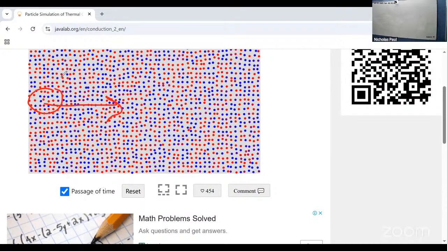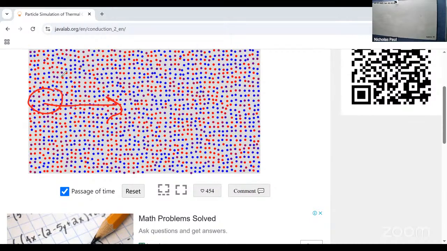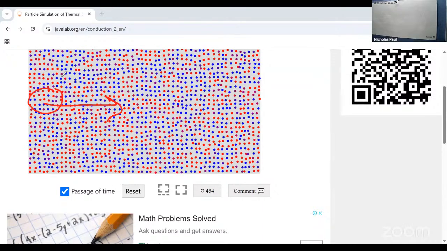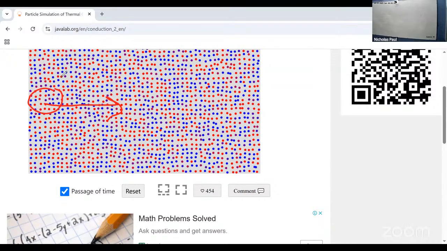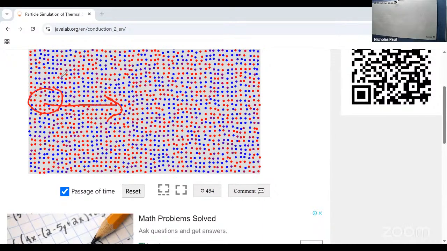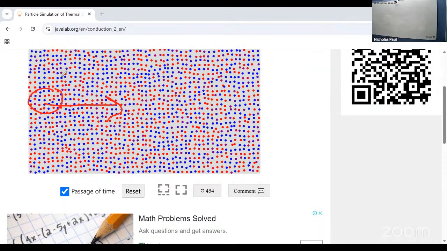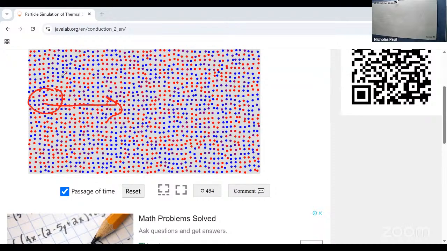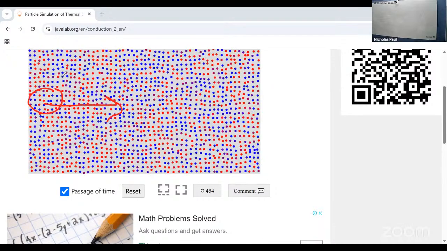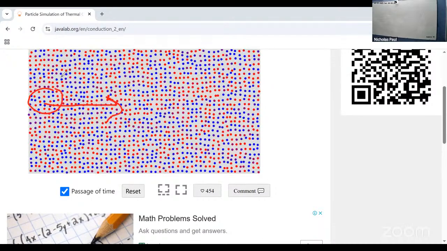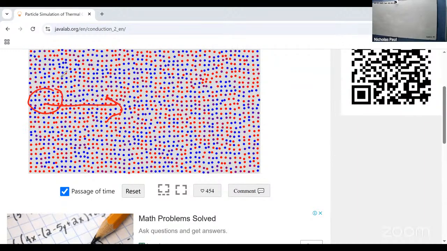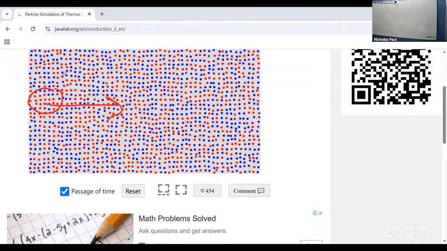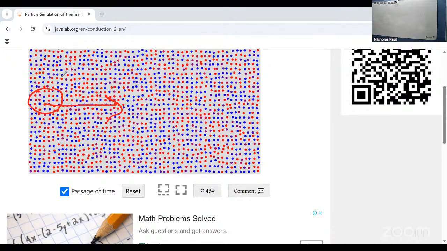So based on what I just said, what are the best types of conductors we know? Why would a metal be a better conductor than a non-metal? Because of the valence... not just valence, the free mobile electrons.